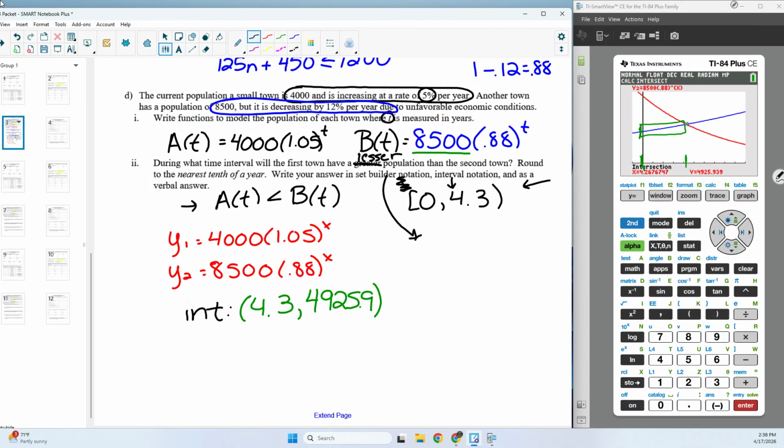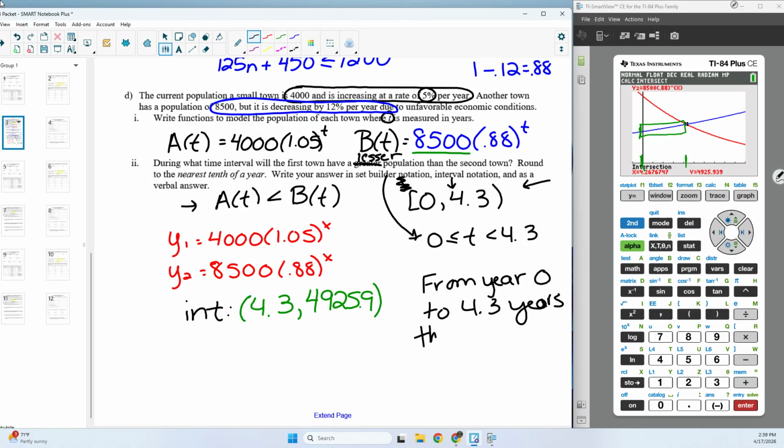Set builder notation is this. And then as a verbal answer, from year 0 to 4.3 years, the population of the first town is less than the second town.